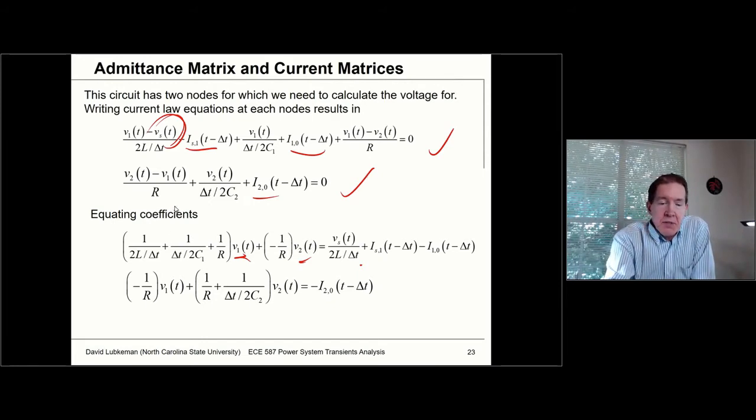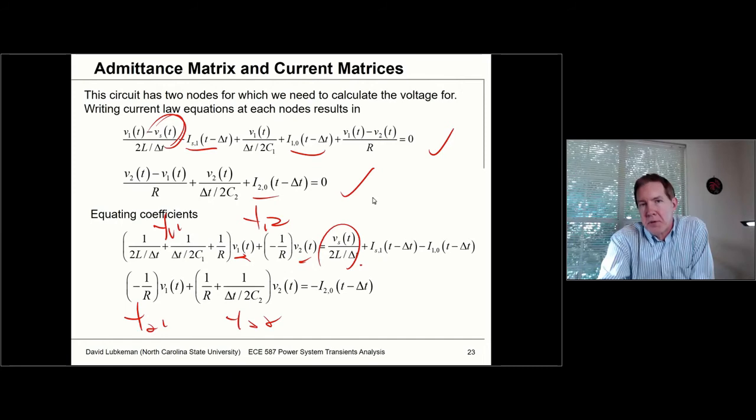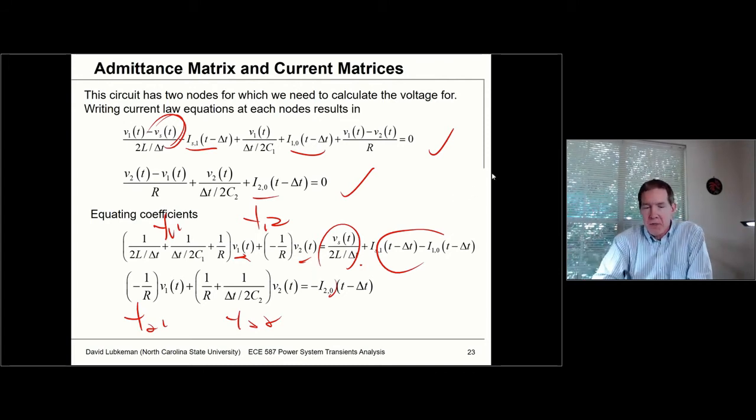So these are the admittance matrix terms like Y11, Y12, Y21, Y22. And then I've got the terms for the small current, and the terms for the historical current, which you denote by the capital letter I.